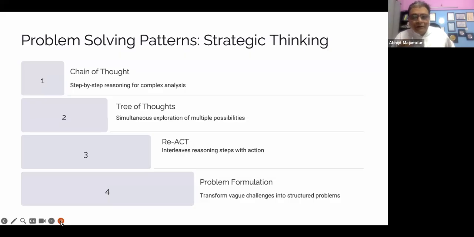Whenever we have a complex problem, what do we do? We try to break down the problem into smaller, manageable chunks. And then we start taking each part of the problem, and we take the most critical sub-problem, after we have broken down all the problems, and try to solve that.